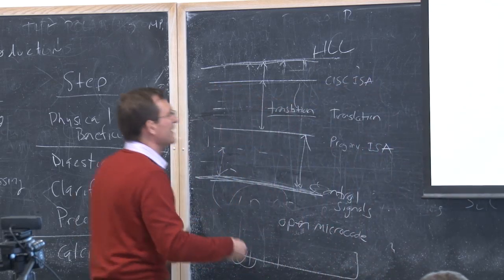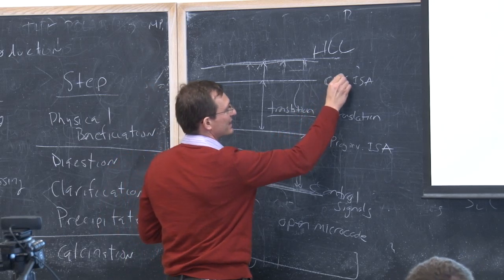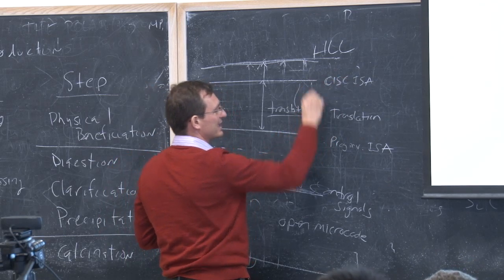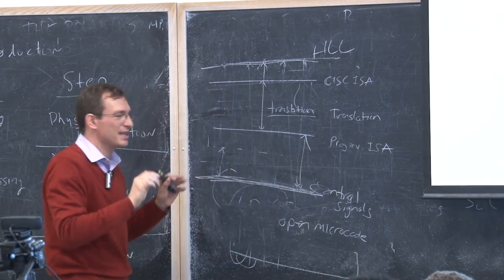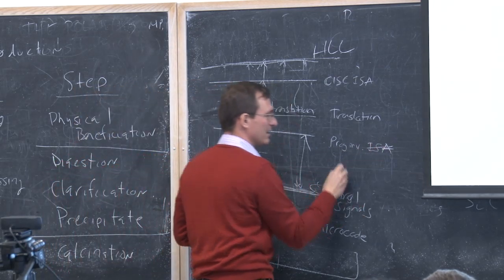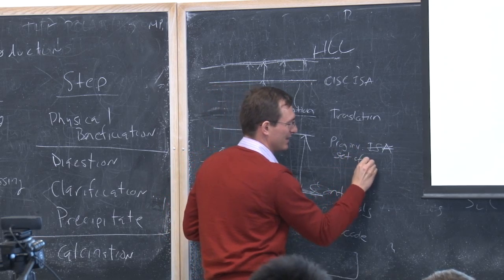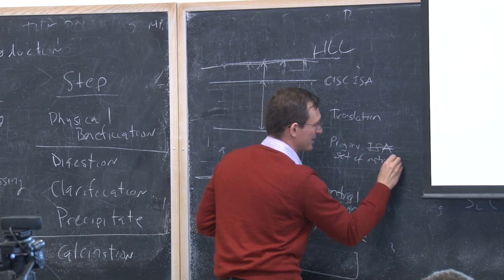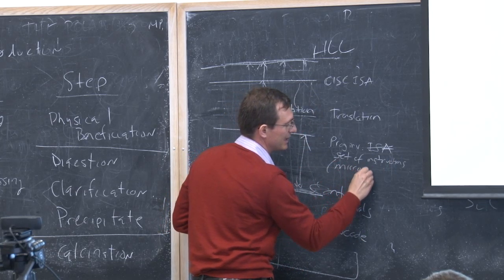So what people have done is to have a CISC ISA and translate it internally to a RISC ISA. ISA may be too strong over here, but a programmer-invisible set of instructions. And this is called micro operations in Intel terminology.